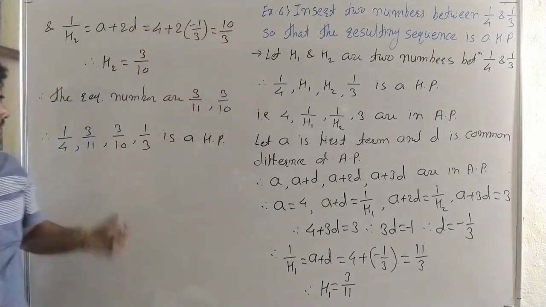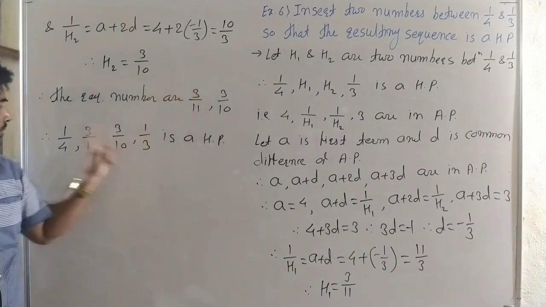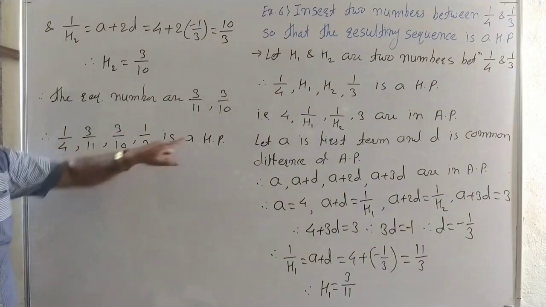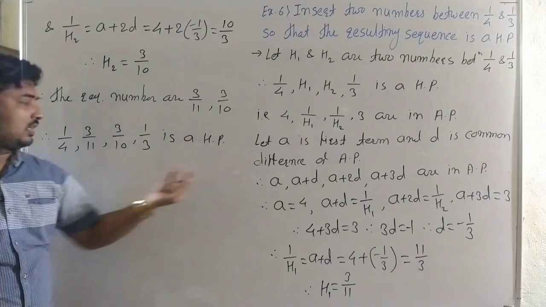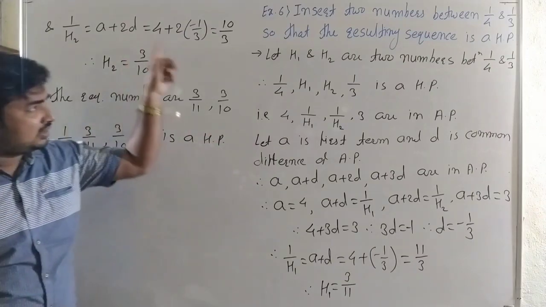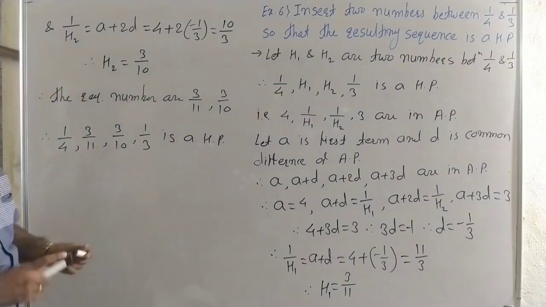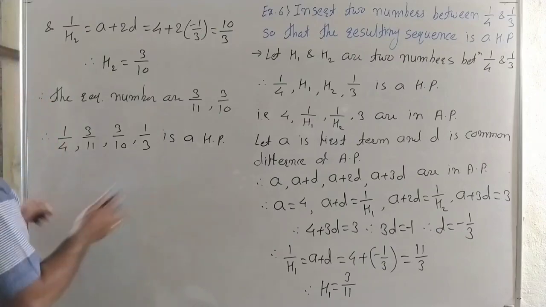Here the question asks only to find the two numbers, that means insert two numbers in between 1 by 4 and 1 by 3 so that the sequence forms a harmonic progression. Then these two numbers are 3 by 11 and 3 by 10. Now we see the second example.